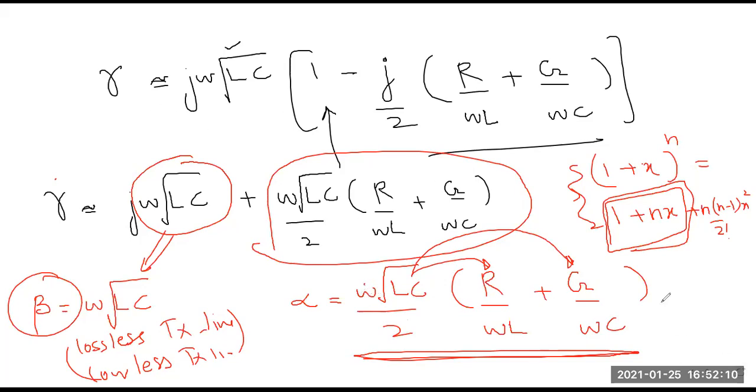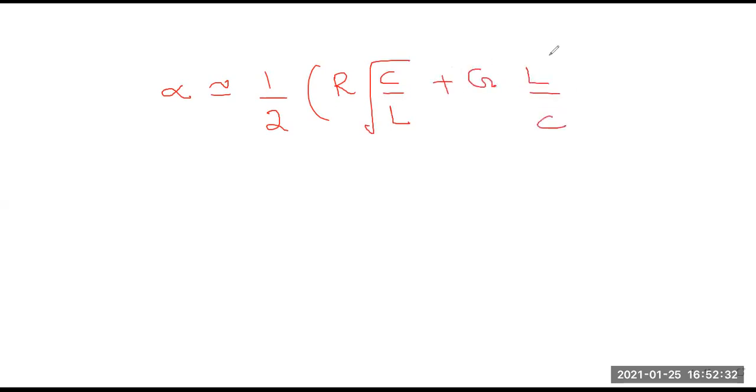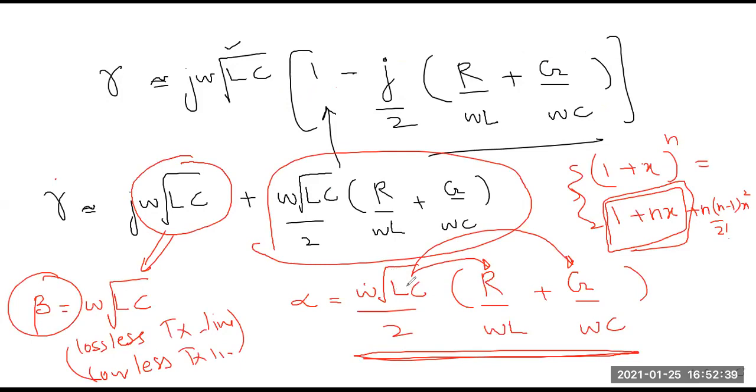So alpha is going to be approximately equal to 1 by 2 times R times under root C by L, plus G times under root L by C. When you multiply these two terms, 1 by 2 is a constant factor, so I have taken it outside.